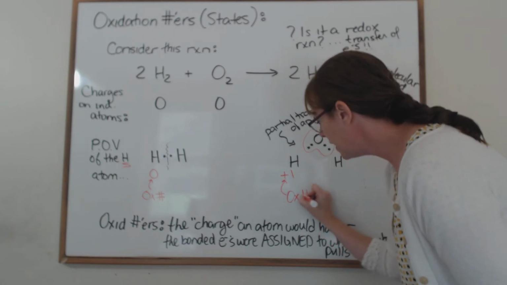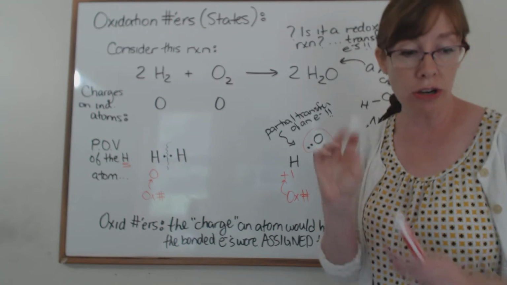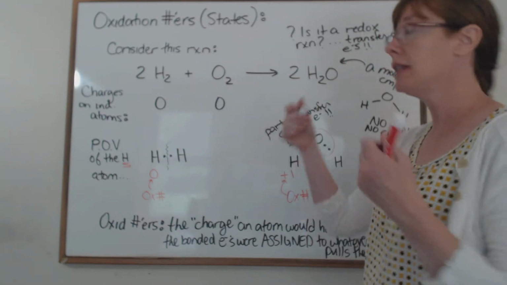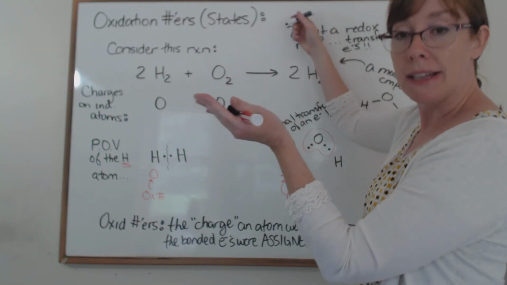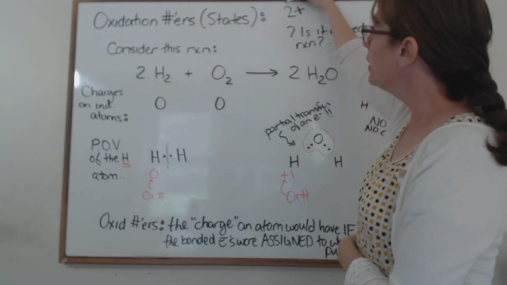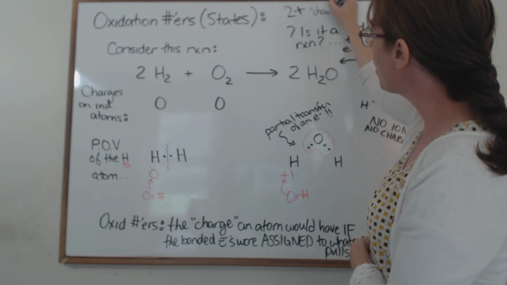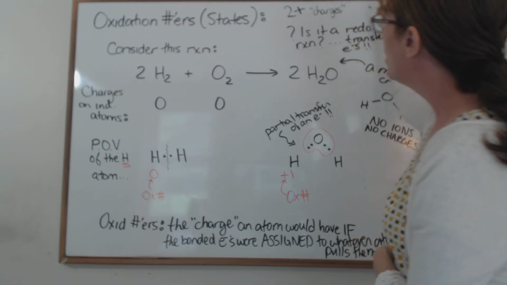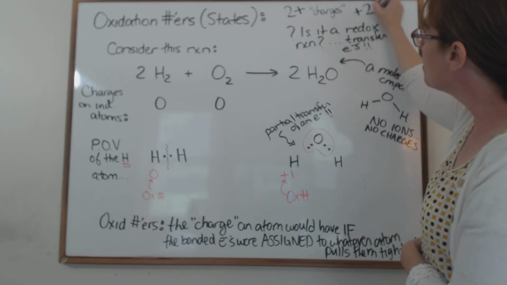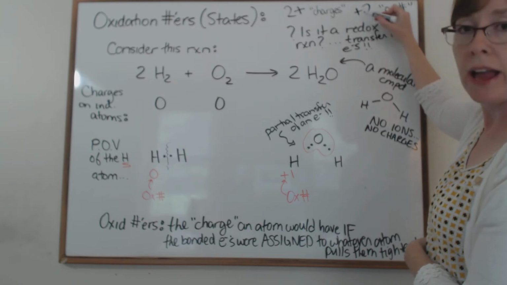Now, you're going to see something that I just did. When you have classic charges like the magnesium 2+, charges always have number then sign. That's what you do for a charged particle, like an ion. When you have oxidation numbers, you do sign then number.